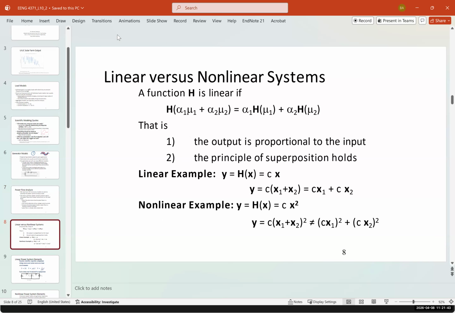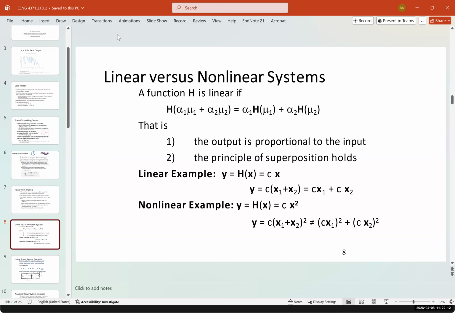Now, a little bit of explanation, you already know about linear and nonlinear, the difference between them. We have linear and nonlinear systems. In a linear system, the output is proportional to the input, and the principle of superposition holds. This is an example: y is h(x), which could be cx, and y of (x1 plus x2) would be c(x1 plus x2), which is equal to cx1 plus cx2.